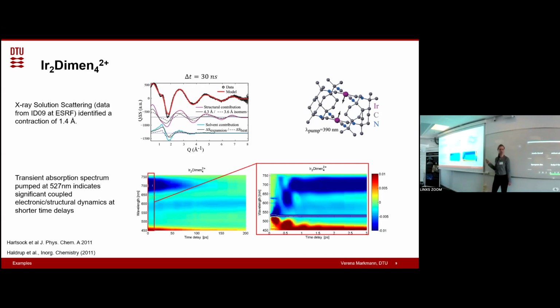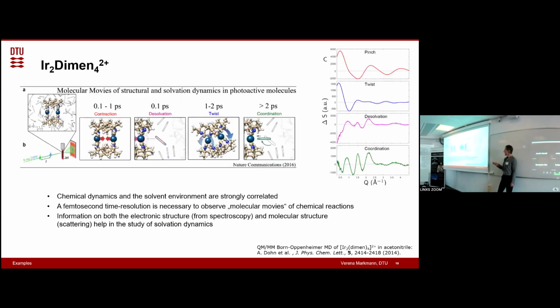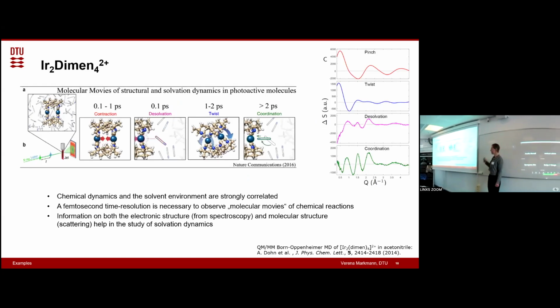What else could happen? What I show you here is so far only theoretical simulation done by Asmus Stone, who looked at what else might happen next to the contraction. He figured out that it's not only contracting: if the molecule contracts, there's less space for solvent within the molecule, so there's a desolvation process within the first few picoseconds.